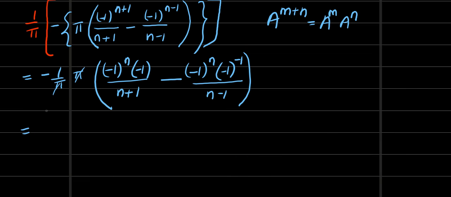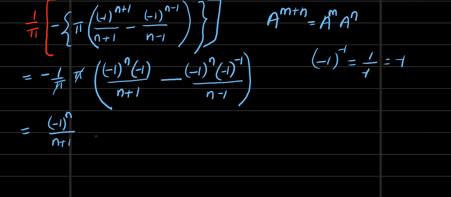Okay, now let's take this negative inside. So it will be minus 1 to the power n. Minus into minus will be plus. And here minus minus. Look at this. Minus 1 the whole power minus 1 is 1 by minus 1, and that will be minus 1.